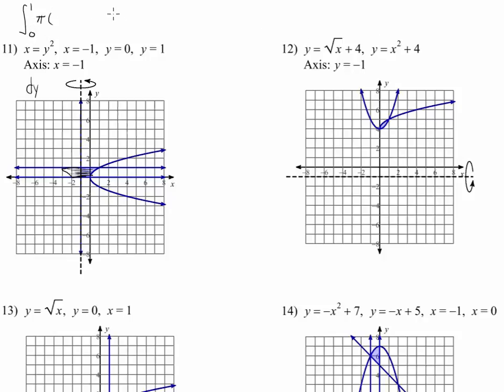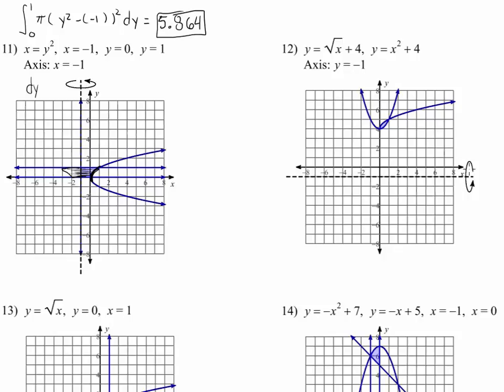We're making circles, so we're adding up the areas of circles, pi r squared. My equation right here is the quadratic, so it's y squared, minus the axis of rotation, which is negative 1, and dy. Type that into our calculator, and we get 5.8643. So 5.864.